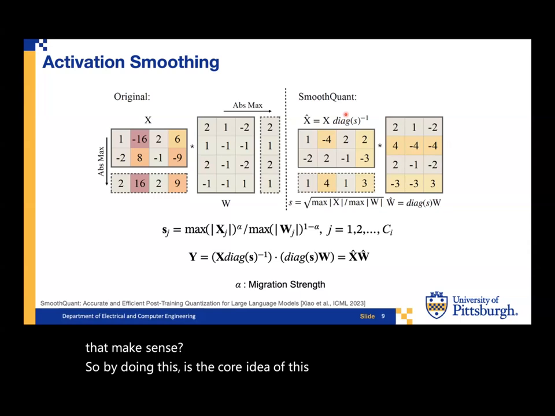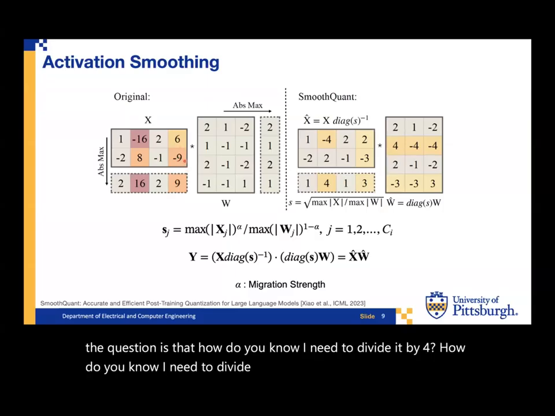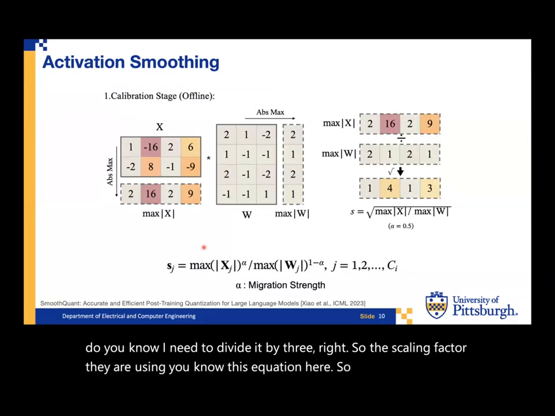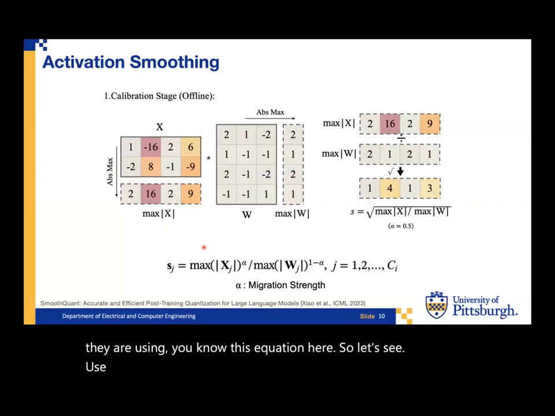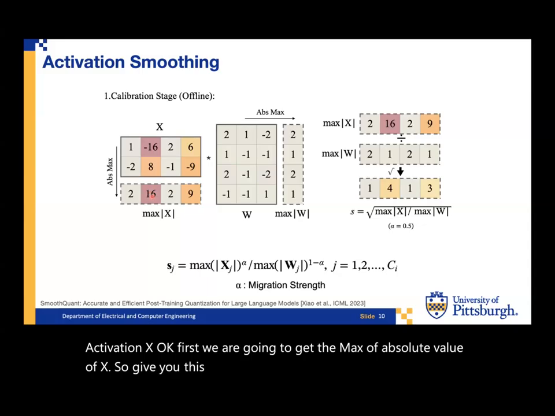But now the question is, how do you know I need to divide by 4? How do you know I need to divide by 3, right? So the scaling factor they are using is this equation here. Let me use an example to show you. For this input activation X, first we get the max of the absolute value of X, which gives you 16, right?